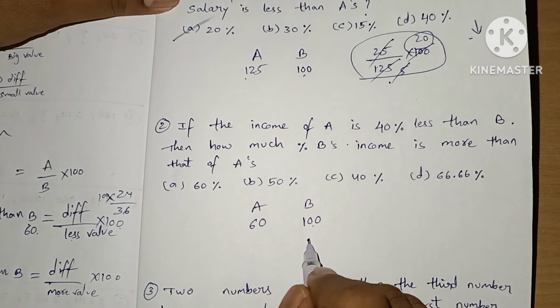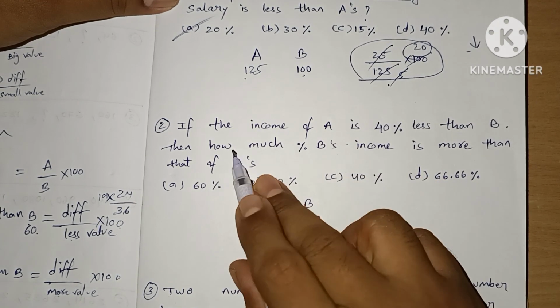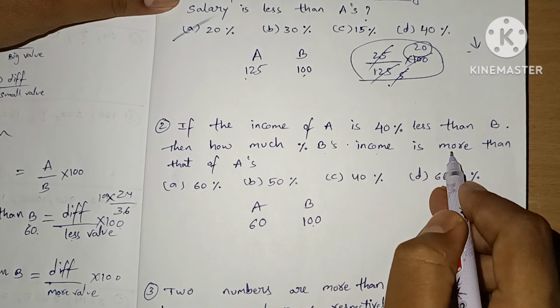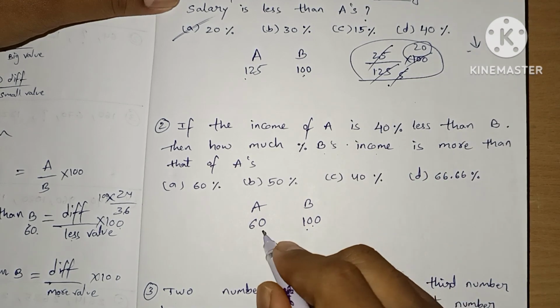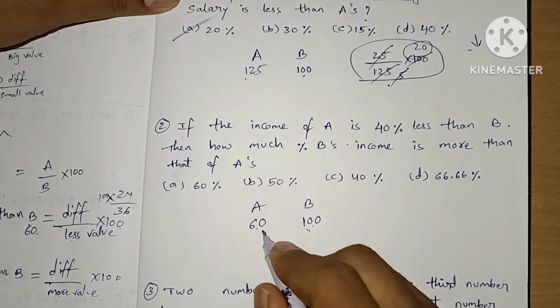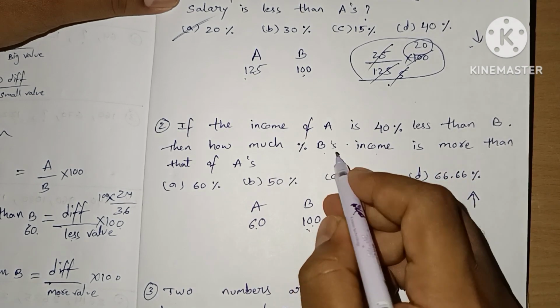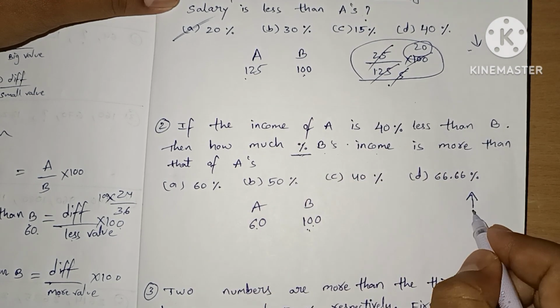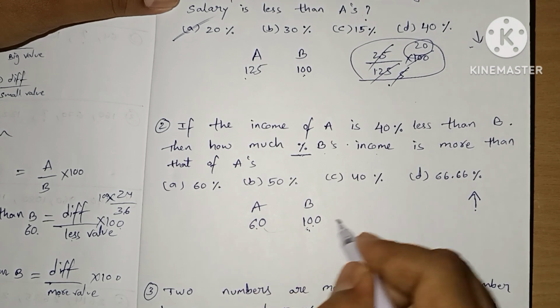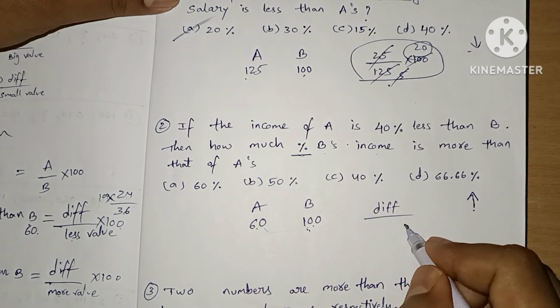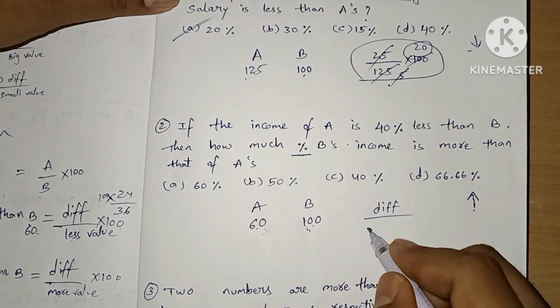Okay, A has 60. Then it is asking how much more B's income is than A's. So we are asking about more and about percentage more. So we'll take the difference between these two, and talking about more means we take the lesser value, which is 60.